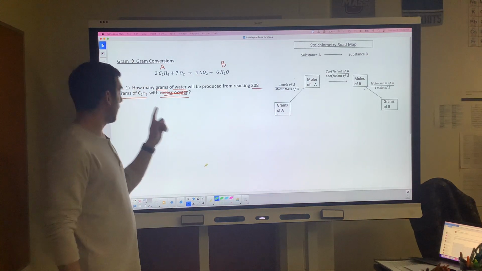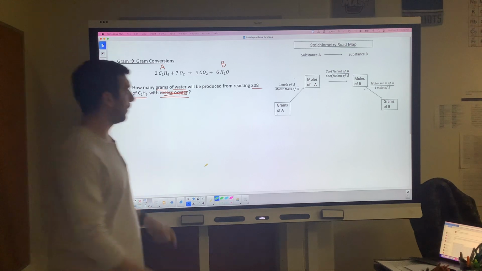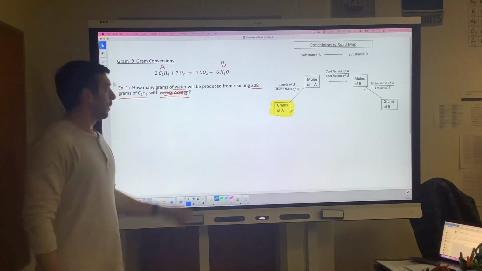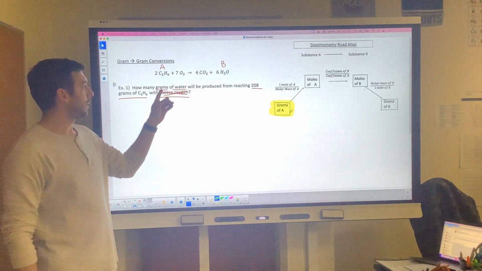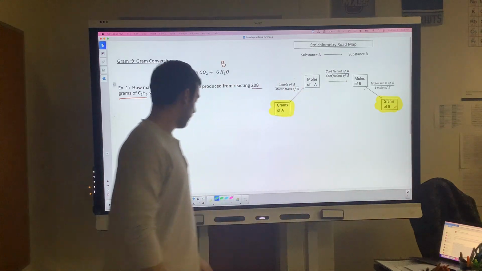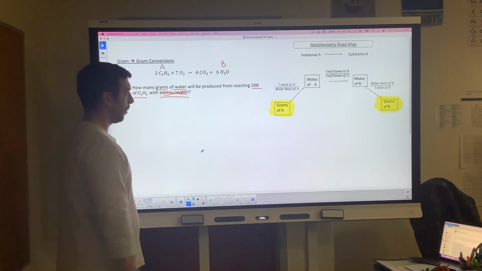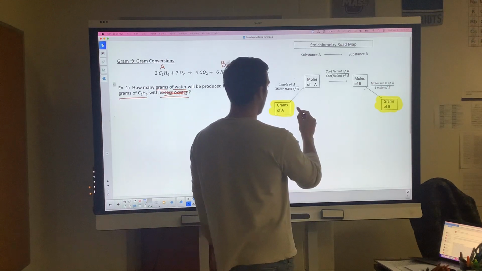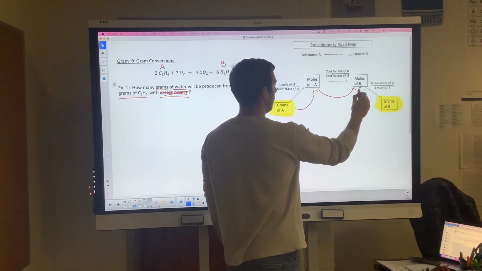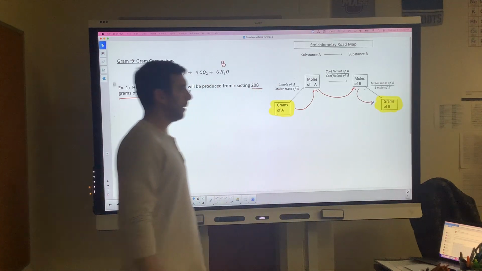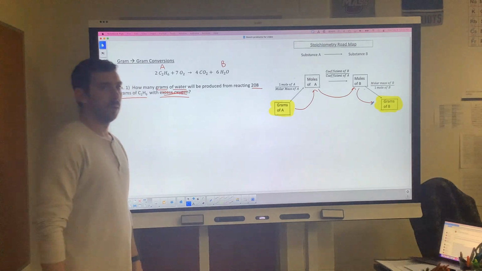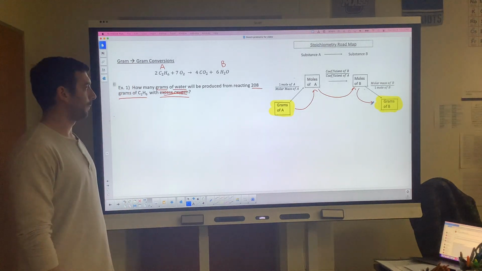Substance A, which is C2H6, has grams with the unit, so we're going to start all the way on the left with grams of A. Substance B, which is water, also has grams, so we need to move all the way to grams of B. Like I said in the beginning of the video, we're going to move all the way across the road map, moving from grams of A to moles of A, then moles of A to moles of B, then finally from moles of B to grams of B. So we're going to need all 3 conversion factors for total fractions in our equation.